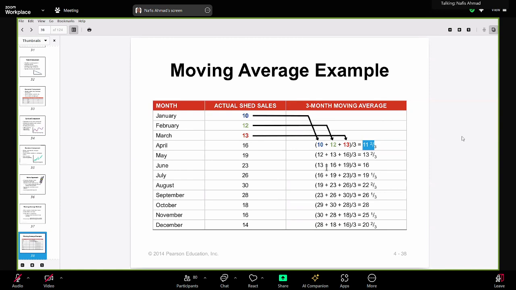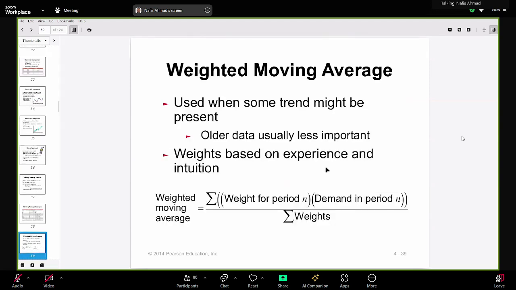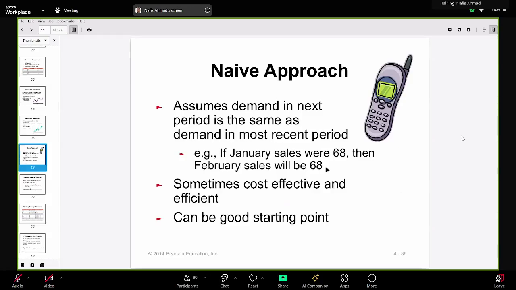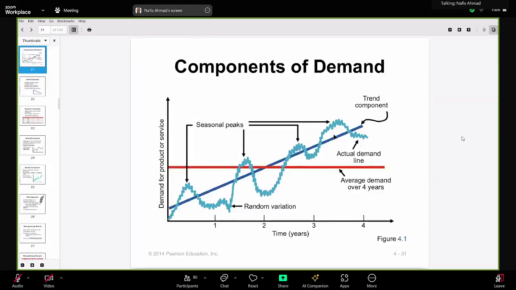So if there is a trend, as we have shown, if you take the moving average, you will not get a good result or forecast if you use moving average when there is some trend, whether it's increasing or decreasing.